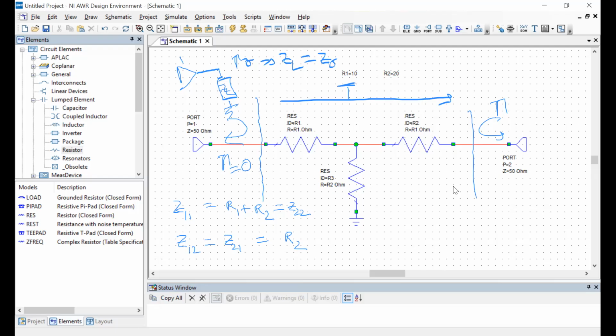Can you redraw the circuit? I don't know if you are able to annotate it on the screen. Are you on an iPad or some touch compatible thing? Yeah, I'm on an iPad. So okay, maybe you can scribble in this bottom right corner.